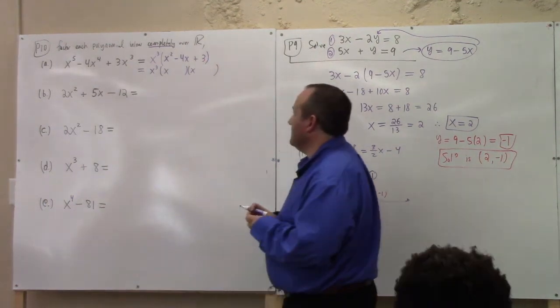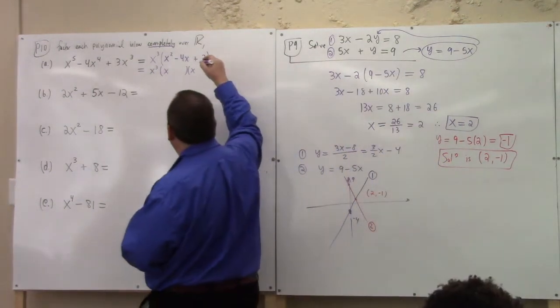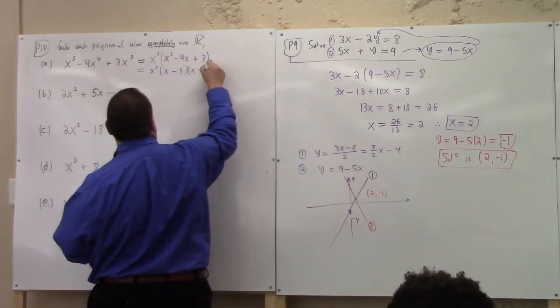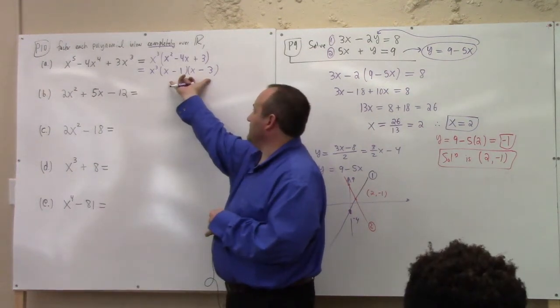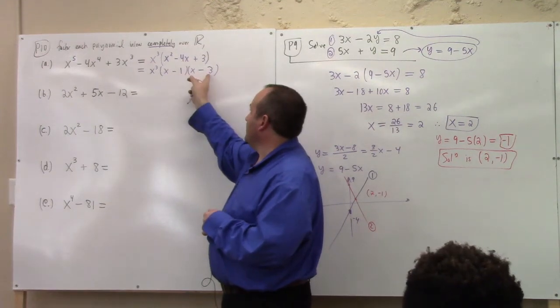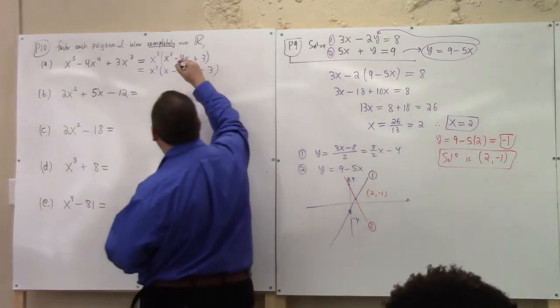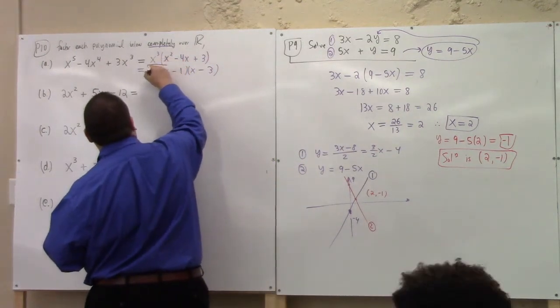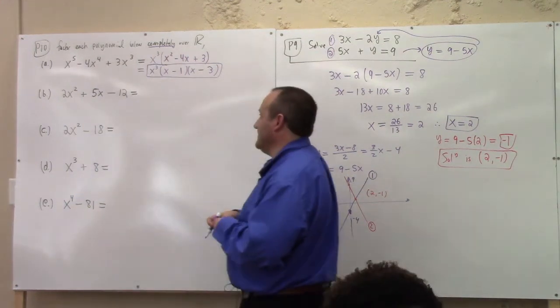Well, it's minus 1 times minus 3, so that can be factored as x minus 1 times x minus 3. We get the minus 1x, minus 3x, a total of minus 4x, which is what we have up here. Minus 1 times minus 3 is 3. So there you go. Can't go further than that. Once you've got a product of linear factors, repeated and otherwise, there's nothing more you can do. That's the end of the story.